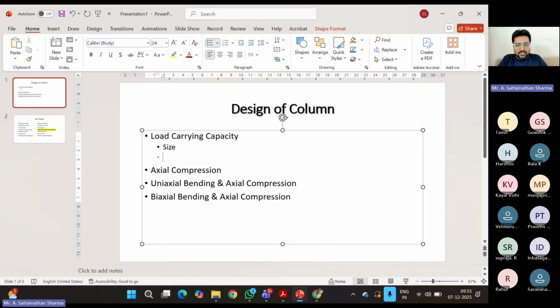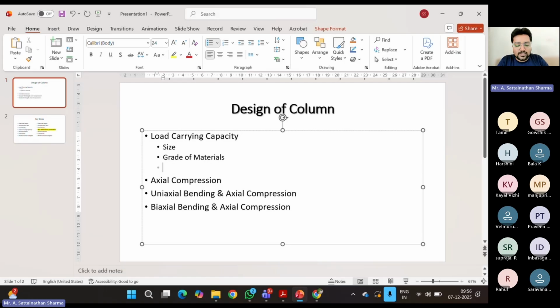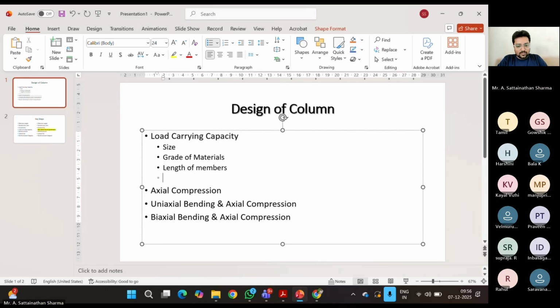You must know what is the dimension, what you have been made up of. So grade of materials, that has to be given. Then what is the next thing? You have to say the height of the column, the length of the member. These are the very basic three data you must have with you.